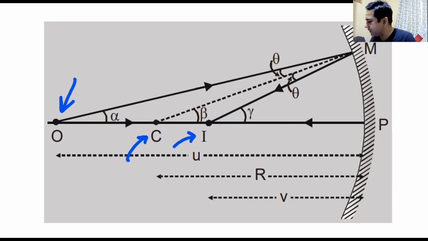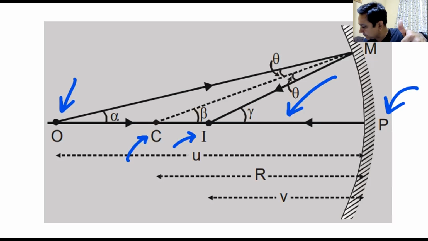Image. What is this P? Pole. What is this? This is the principal axis. Do you understand this? Yes, sir.